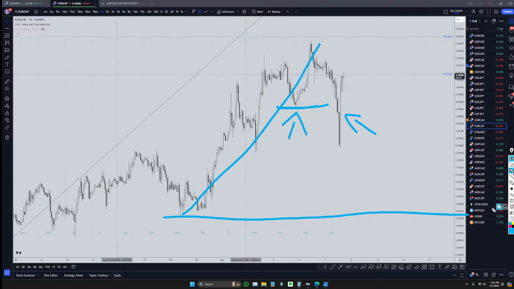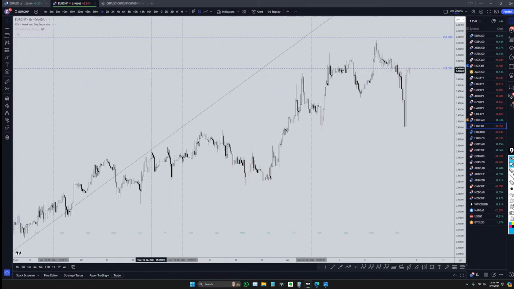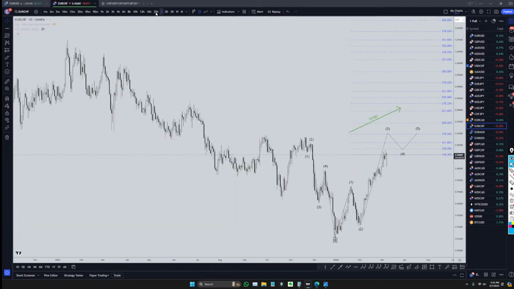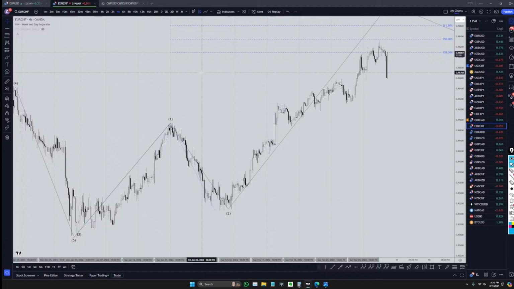You need to understand what a structure break tells you. Probably 8 out of 10 structure breaks are completely useless. They do not tell you anything useful at all. You need to understand what an actual structure break is. Most of the time, a break of structure is telling you really nothing of use at all.